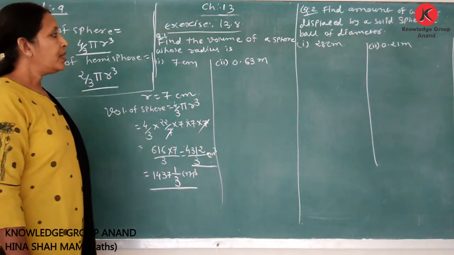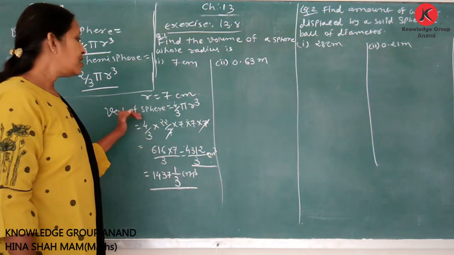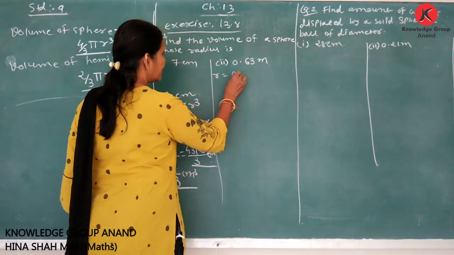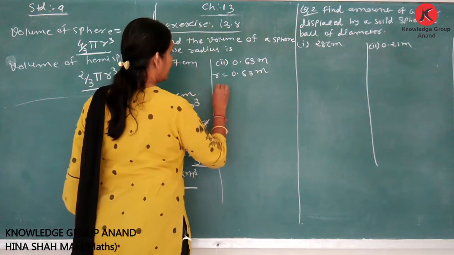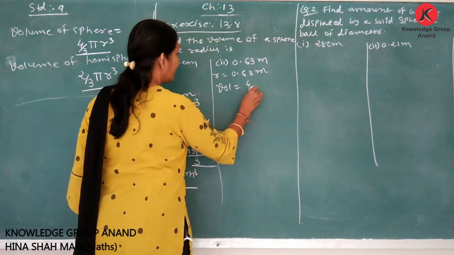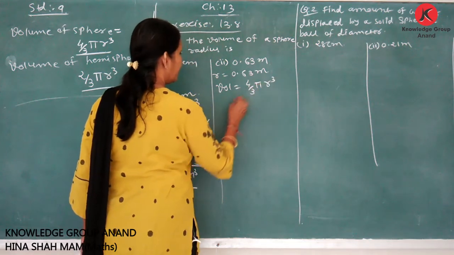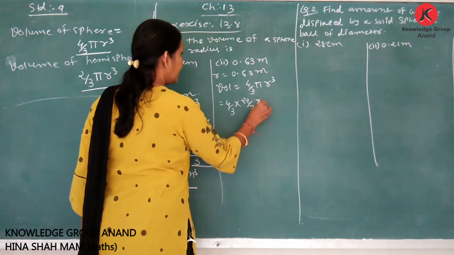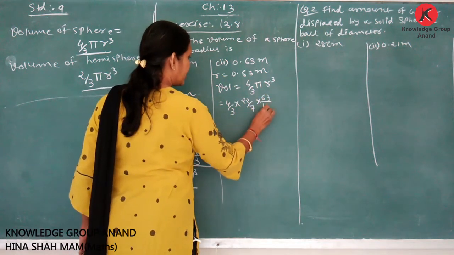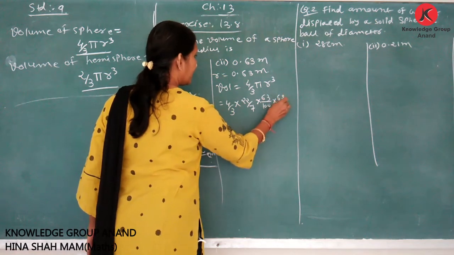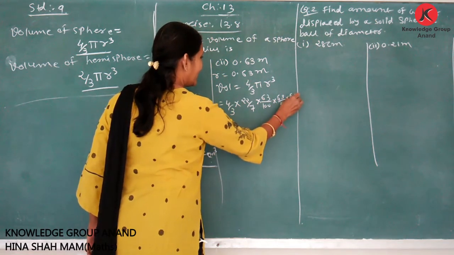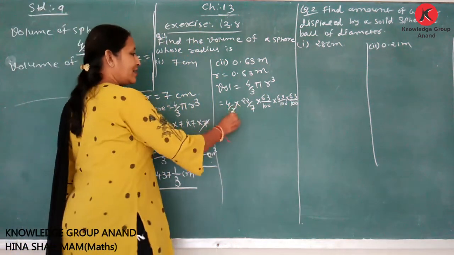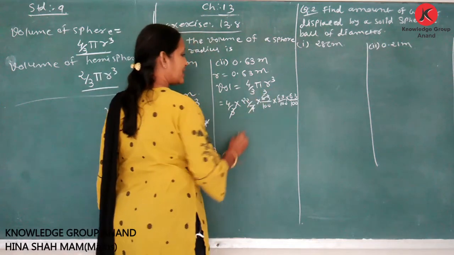Now, number 2, 0.63 meter. Same like this, r is equal to 0.63 meter. Volume is equal to 4 by 3 pi r cube. 4 by 3 pi is equal to 22 by 7 r cube, 63 upon 100 into 63 upon 100 into 63 upon 100. 3 sevens are 21.